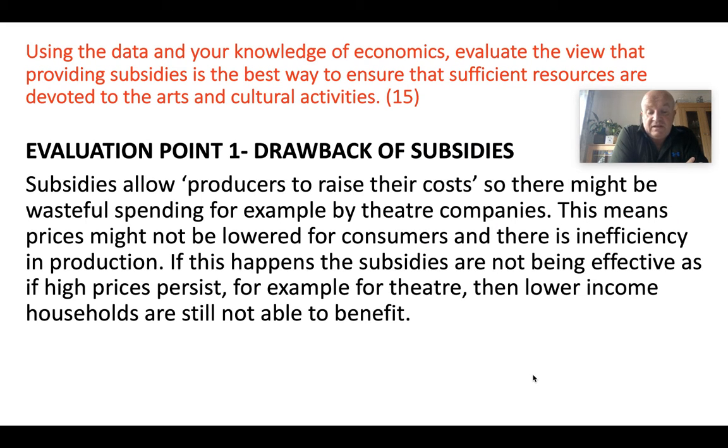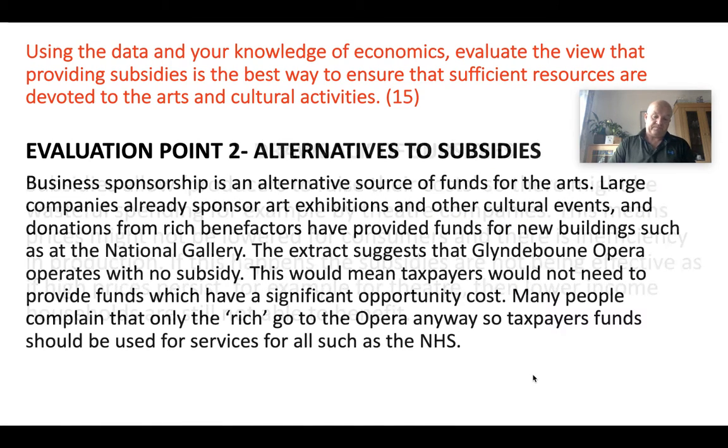If that happens, then clearly subsidies are not really helping because they're not reducing the prices to consumers, and effectively those people that we're targeting, those on lower income, may not necessarily be able to benefit from the subsidy, in this case for theatres.